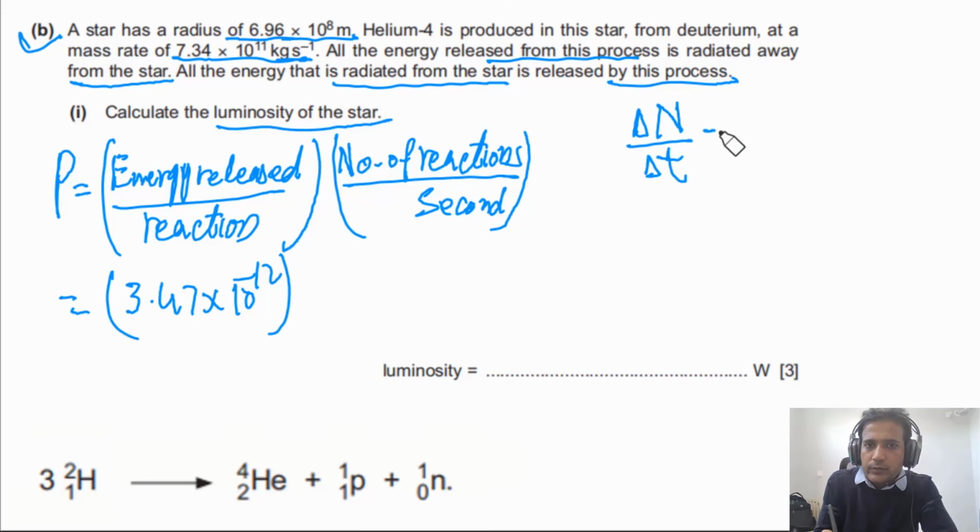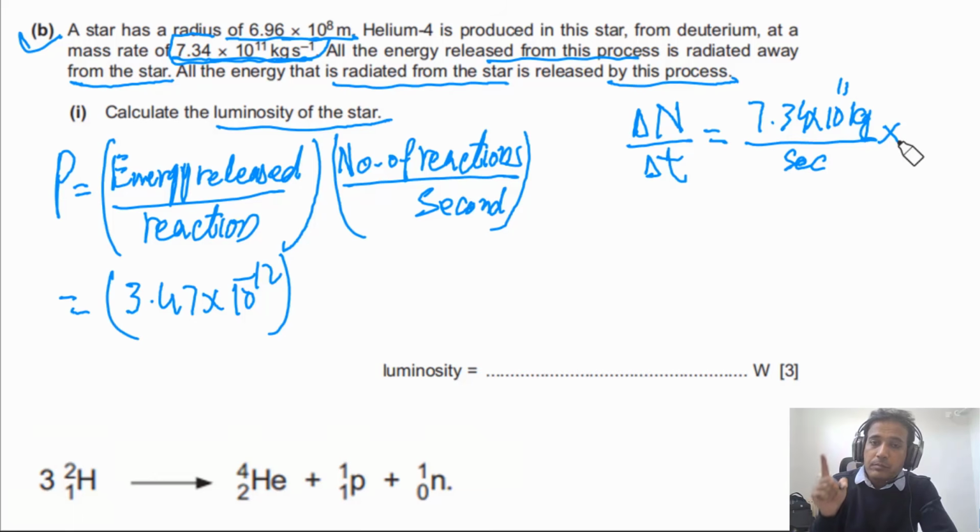So how can we figure out this number of reactions per second? To calculate the number of reactions per second, we are given the mass released in 1 second. So simply, this is 7.34 times 10 to 11 kg per second.